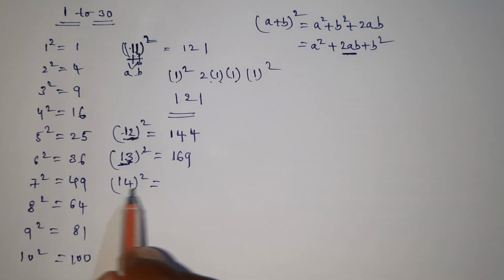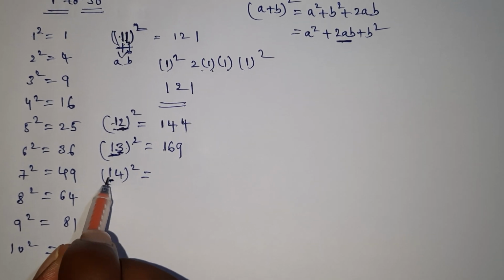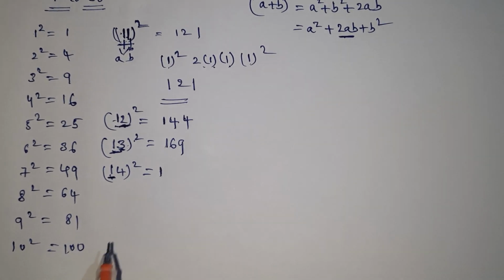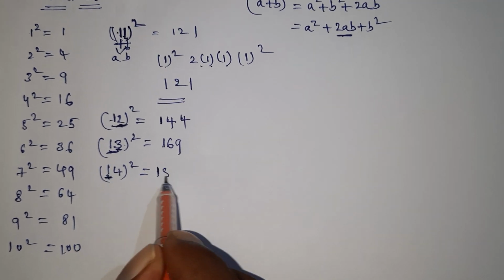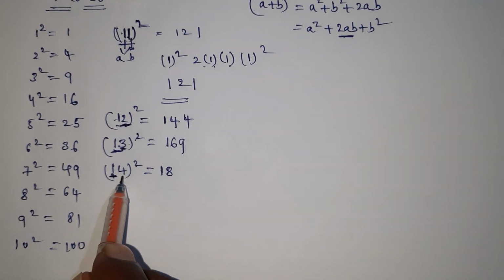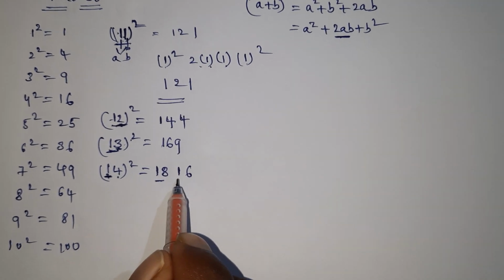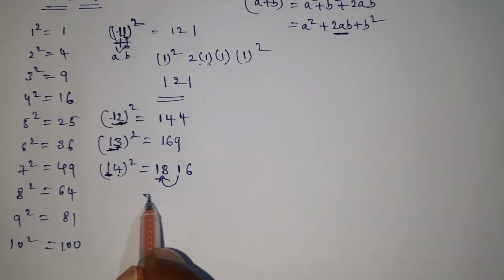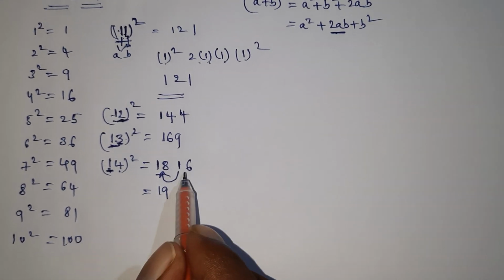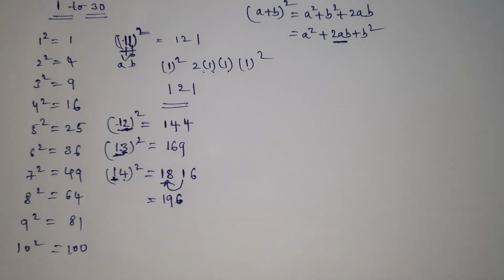Again in the place of a 1, 1 square 1, and 2ab, 2 into 4 into 1 is 8, and 4 square is 16. So here 18, and 1 is carry, adding to 18 makes 19. Now 6 is kept like this: 196.